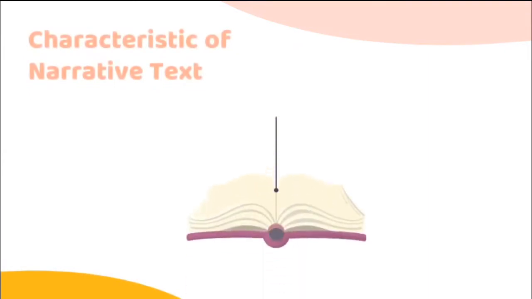Characteristics of narrative text. Noun: using specific nouns rather than pronouns, such as the princess, the king. Adverb of time: using adverbs of time to show when events happen, such as happily ever after.